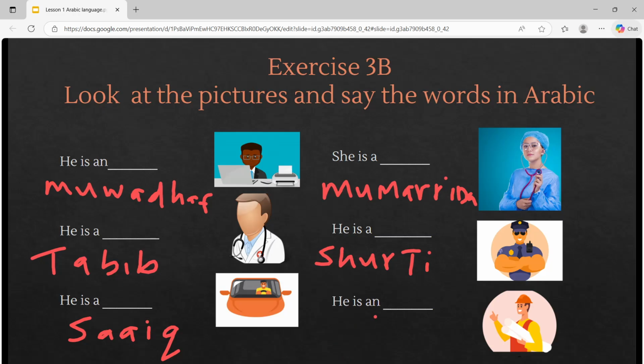Last one here. He is an engineer. How do you say engineer in Arabic? مهندس. There you go. موظف employee. طبيب doctor. سائق driver. ممرضة nurse. شرطي policeman. مهندس an engineer.